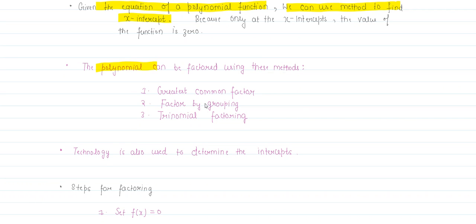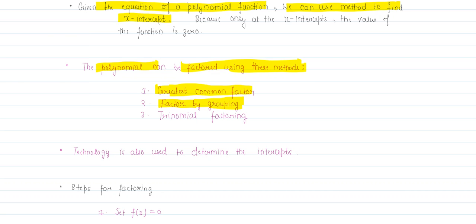A polynomial can be factored using these methods. First of all, we try to find the greatest common factor, or a monomial that we can extract. If that is not the case, in the second step we factor by grouping.